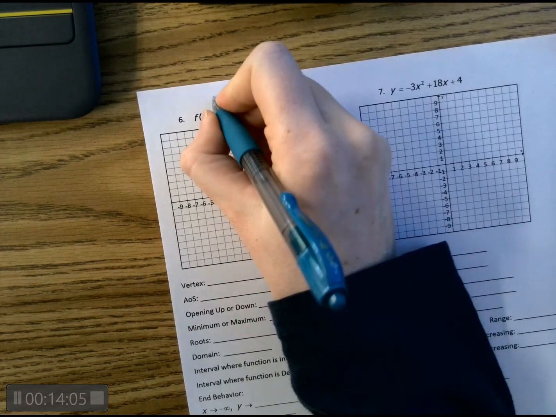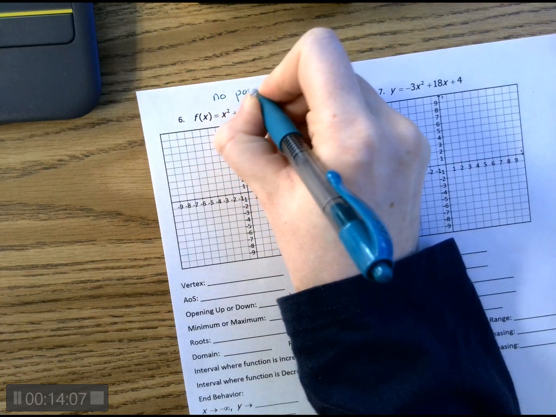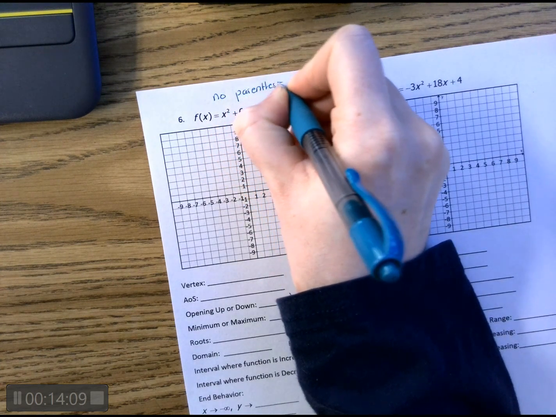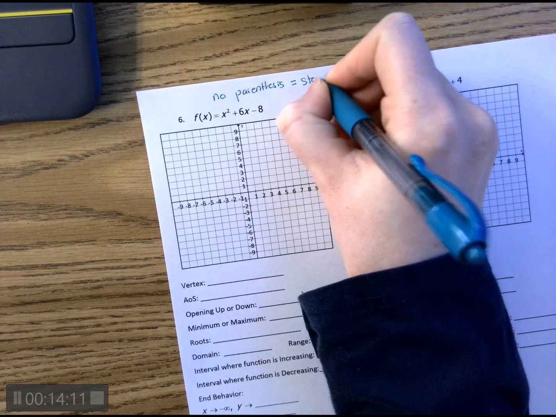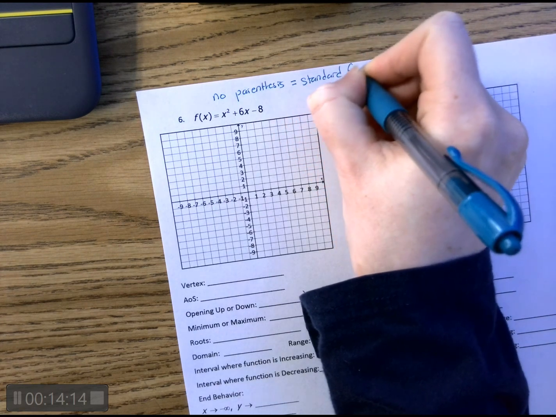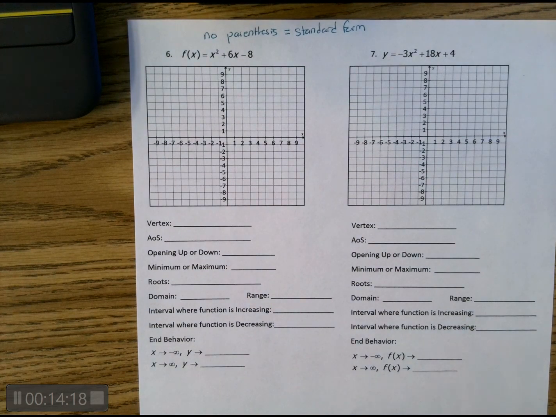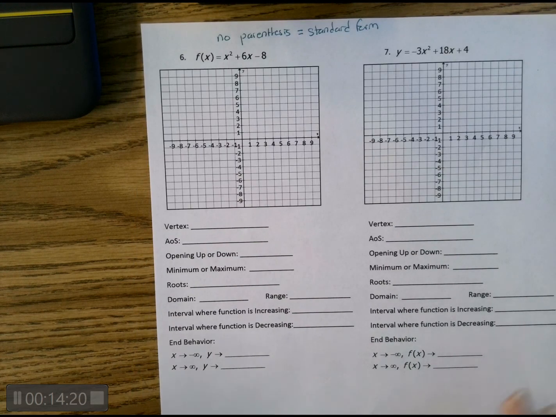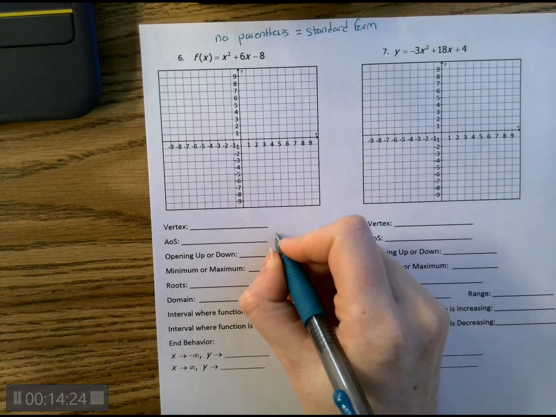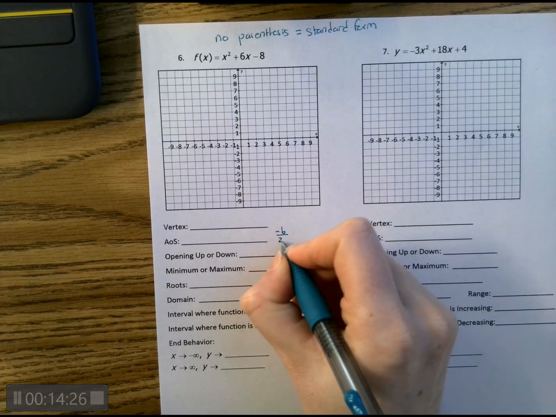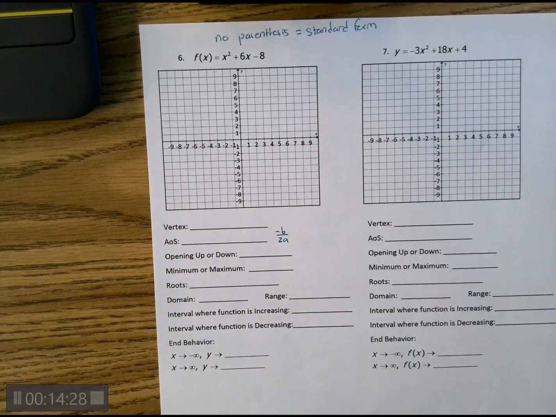If there are no parentheses, this means that we are in standard form. Alrighty, so when we are in standard form, we have to find our axis of symmetry first. And to find our axis of symmetry, this is going to be negative b over 2 times a.